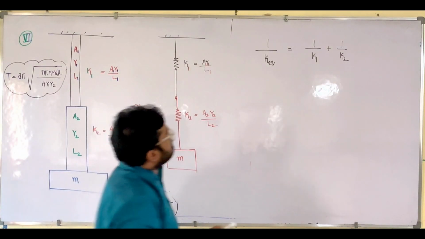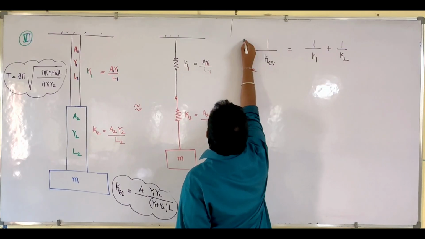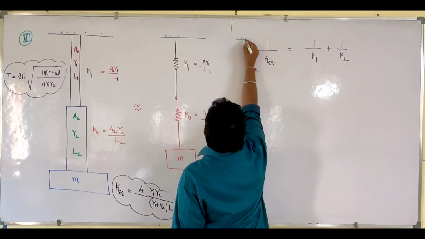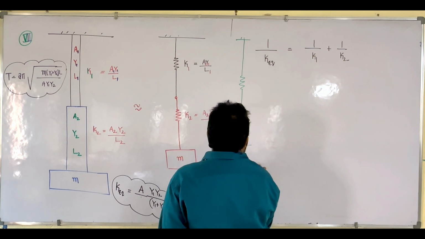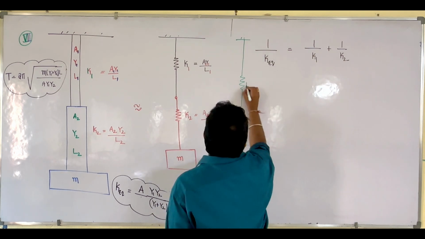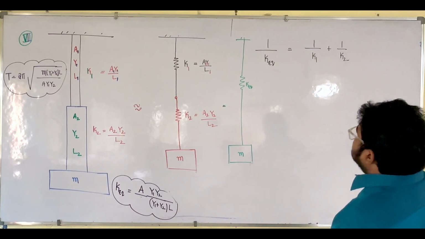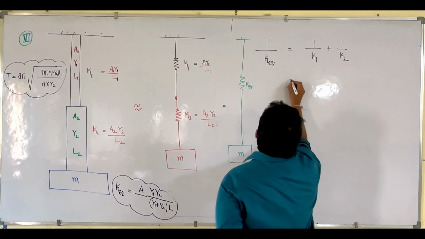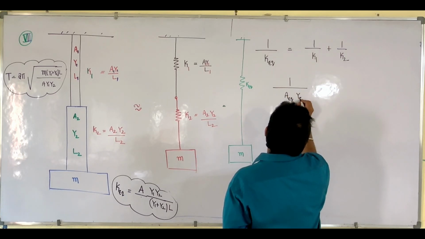Okay, now k equivalent can be written as this. 1 by k equivalent, that is equal to how much? 1 by A equivalent into Y equivalent by L equivalent.